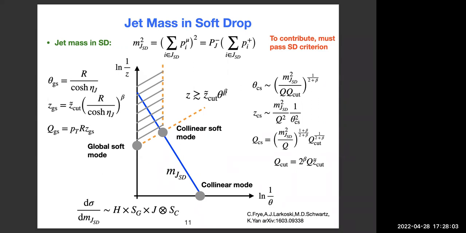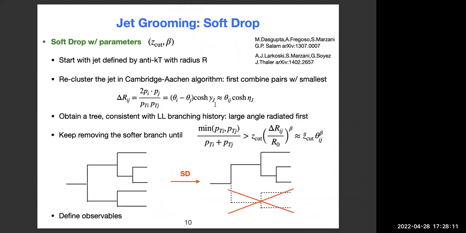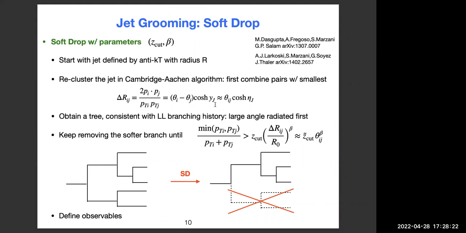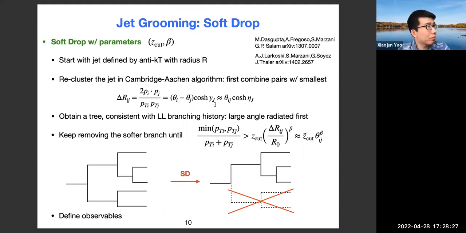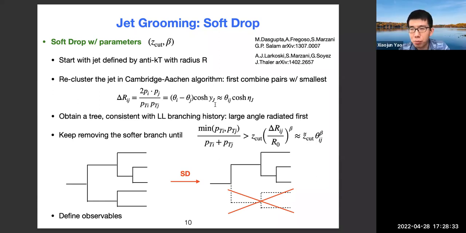Xiaojun? Yeah. Sorry, a question on the last slide. In the soft drop procedure, instead of CA, just using kT, how does the physics change? For reclustering, I mean the kT tree as opposed to a CA tree? The kT algorithm has a particular momentum weight in the angular distance, right?